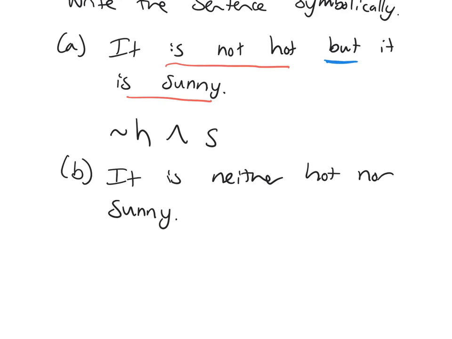All right, so what would this symbolically mean? Remember, this has a neither and a nor. So you want both of these things to not be true. There's an and between them. So not hot and not sunny.